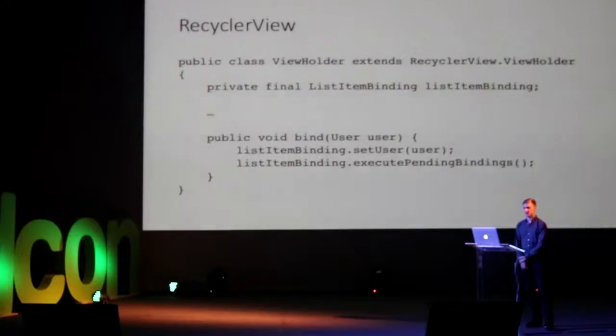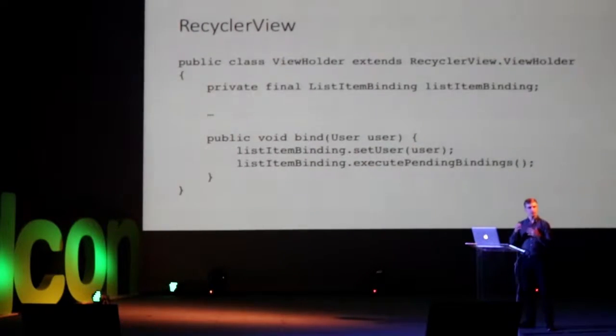You might notice there's a method called executePendingBindings at the end of the bind method. So this forces the bindings to be processed immediately instead of being delayed until the next frame. As I said before, it's asynchronous, but RecyclerView will actually measure the views inside of it immediately after calling onBindViewHolder.